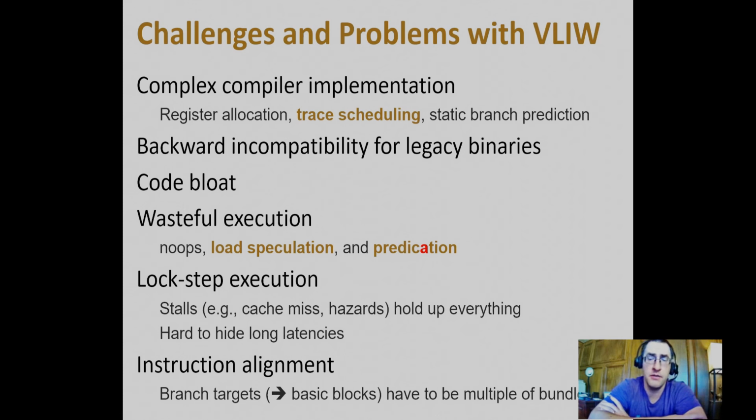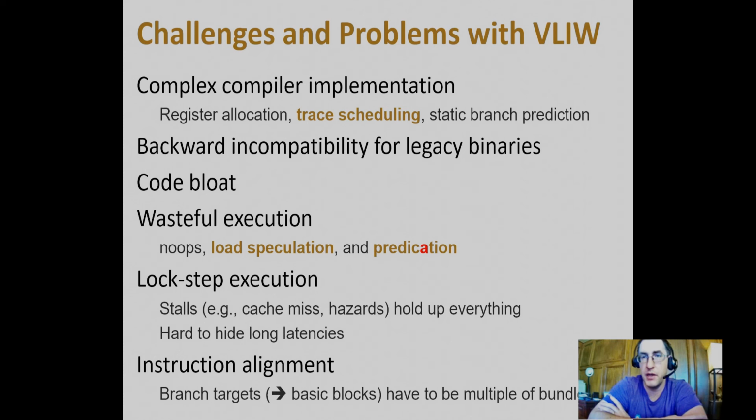Advanced techniques in VLIW machines to deal with control hazards and with long memory access times, specifically load speculation and a technique known as predication, which we'll cover briefly, are also wasteful. They end up leading to squashing instructions when they're wrong or simply discarding their results.